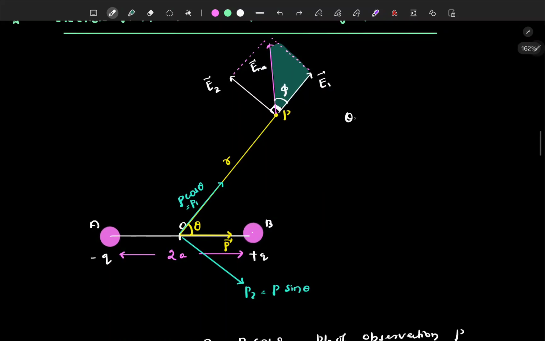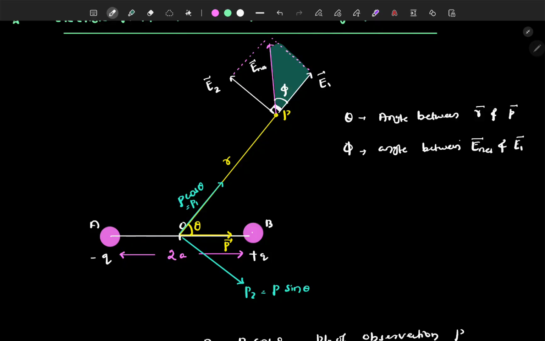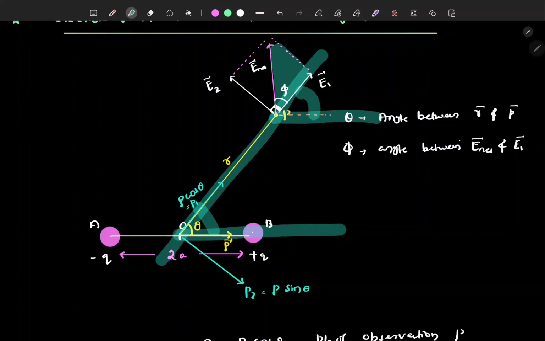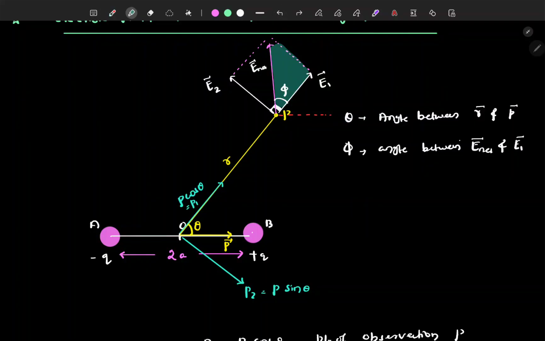Theta is the angle between r vector and p vector, the dipole moment, and phi is the angle between E net vector and E1 vector. If we draw a parallel line with respect to the x axis, these two lines are parallel and they intersect, so this is theta and this is also theta. So theta plus phi is equal to 90 degrees. Numerically this concept will be used: from the figure, theta plus phi is 90 degrees.